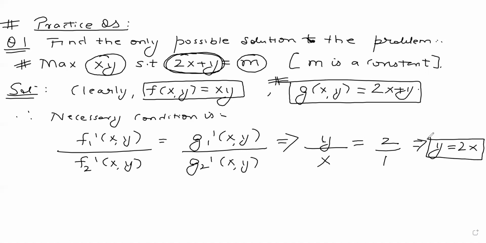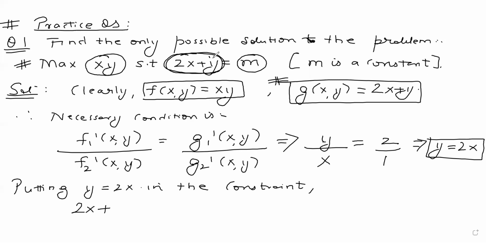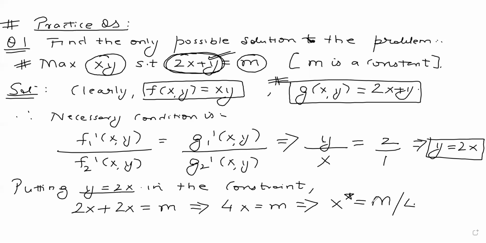Now I'm going to put it in the constraint. Putting y equal to 2x in the constraint, what do I get, guys? 2x plus y, and y itself is nothing but 2x, equals m, which implies 4x is equal to m, which implies my x star is equal to m by 4.